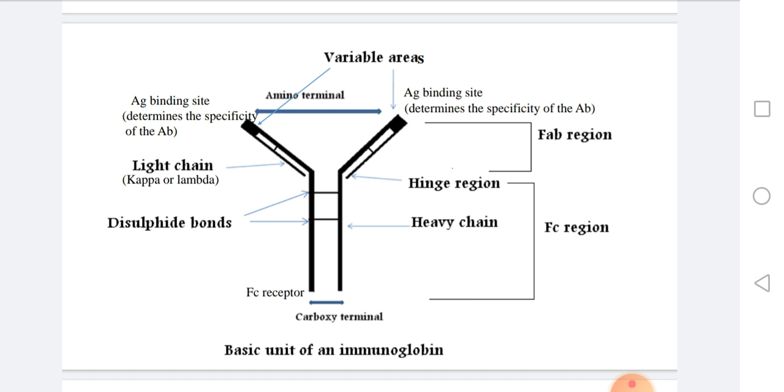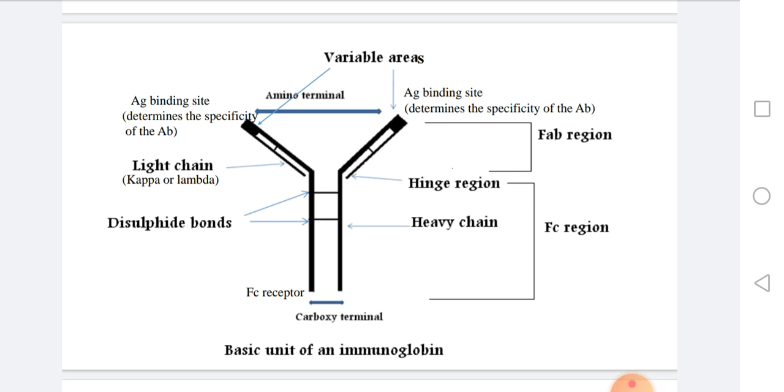At the very end of each arm, there is a darkly shaded area. This is known as variable area. So there are two variable areas, and the variable areas are composed of amino acids that change according to the specificity of the immunoglobulin or the antibody. So the variable areas determine the specificity of the antibody.